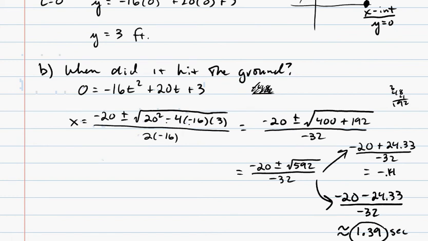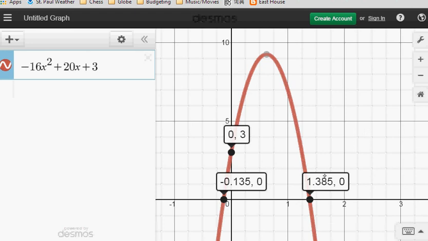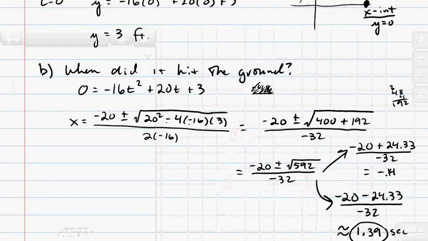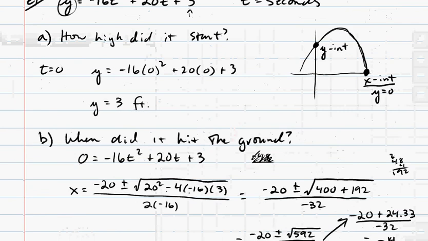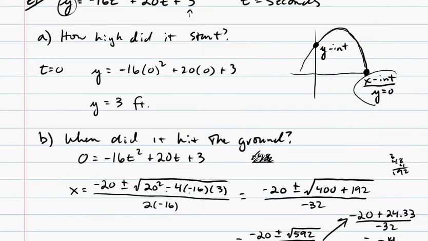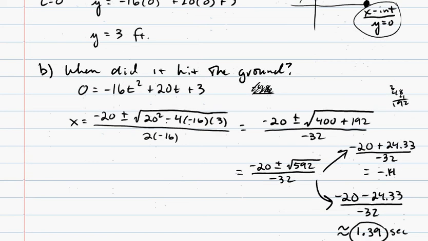Okay, so let's just double check that on decimals. Yep, about 1.39. Alright, so that may seem like it's a lot of work, but the main idea here is to find where it hits the ground. You're finding an x-intercept. And it's a little more work because we can't factor. We have to use the quadratic equation to find them.